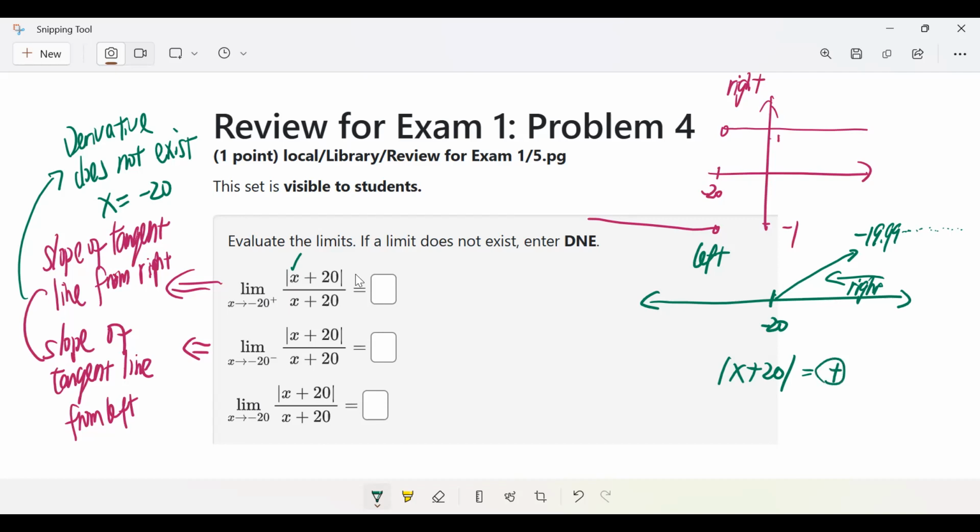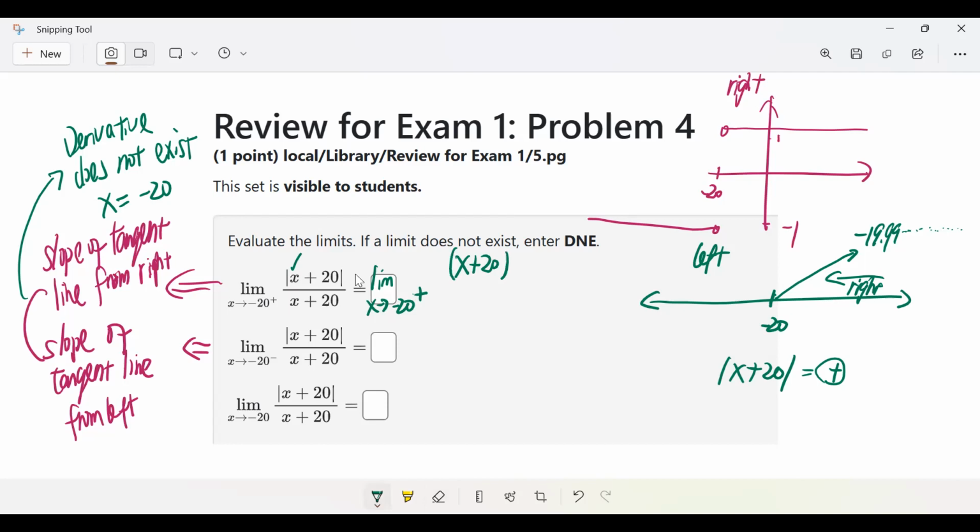That means we can simplify this by getting rid of the absolute value, just making it x plus 20.